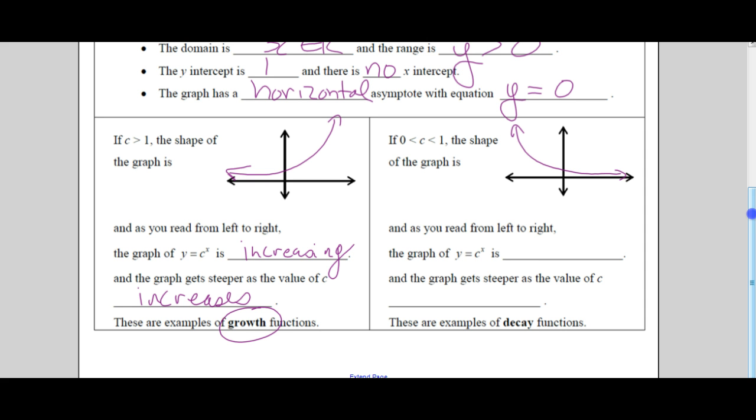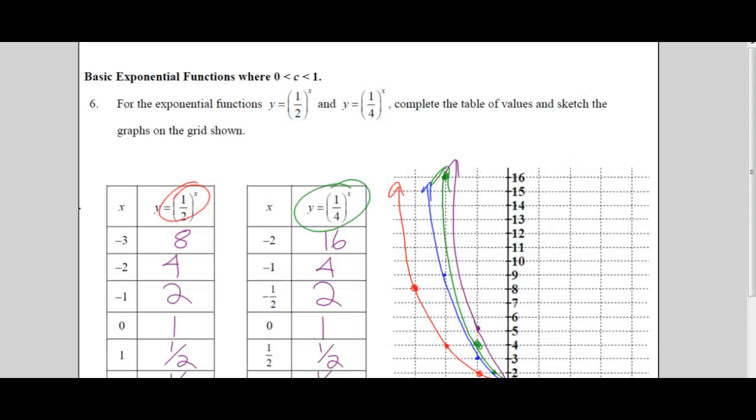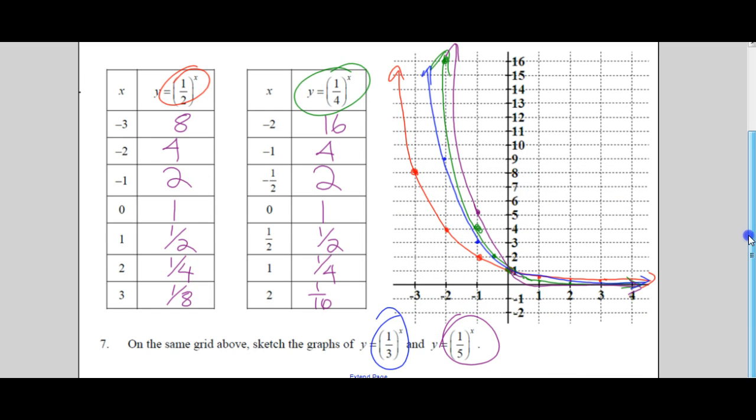As you read from left to right, it's decreasing. And the graph gets steeper as the value of c decreases. This is a decay function, so things are getting smaller.